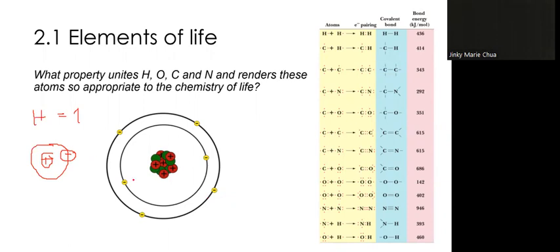I said a while ago that your inner shell has only a capacity of 2 electrons. So how many more does the hydrogen need? It only needs 1 more electron to make it stable.